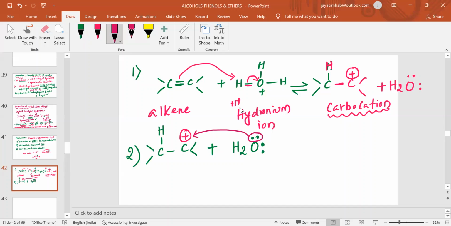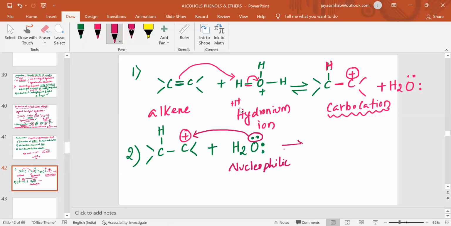That's why it is showing interest towards the positive charge. What is the charge of the nucleus? Positive, right? That's why this water species is called a nucleophile. So water acts as a nucleophile, because it always attracts towards the positive charge of the nucleus. So what will happen then?